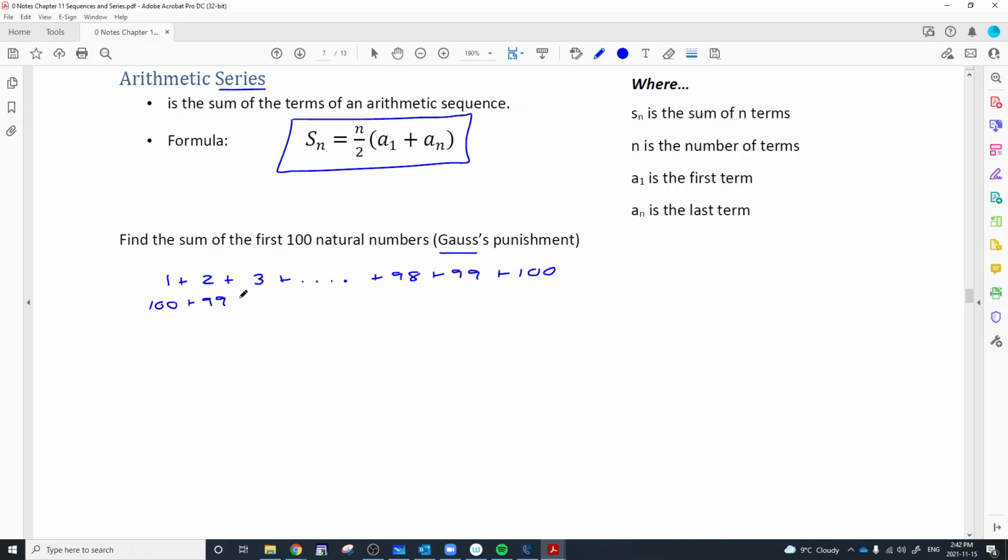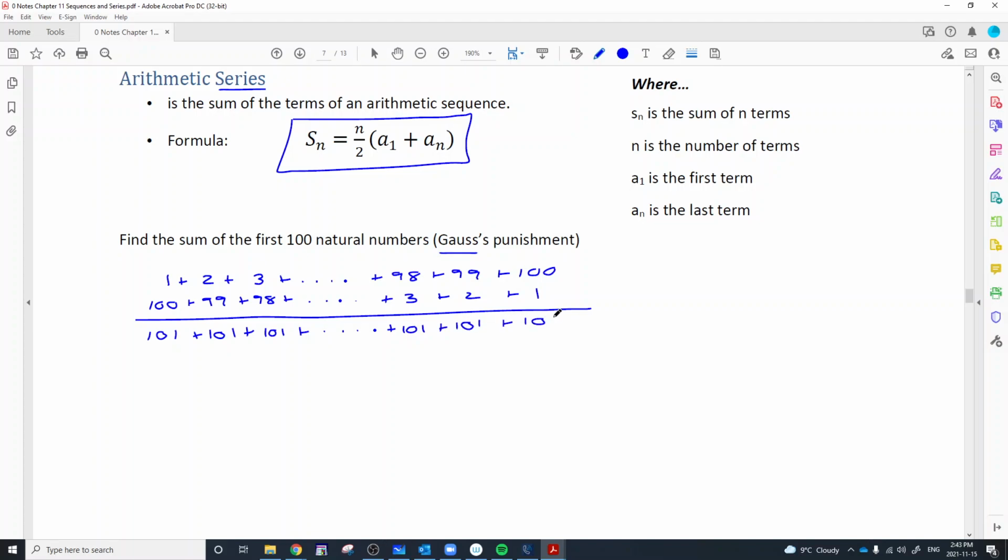So if I go 100, 99, 98, plus 3, plus 2, plus 1, you'll notice that if you add the corresponding number from each forwards and backwards of the series, you get the same number. 1 plus 100 is 101, 2 plus 99 is 101, 3 plus 98 is 101, right? All the way through to the end, you're still getting 101s. So he said, that's interesting.